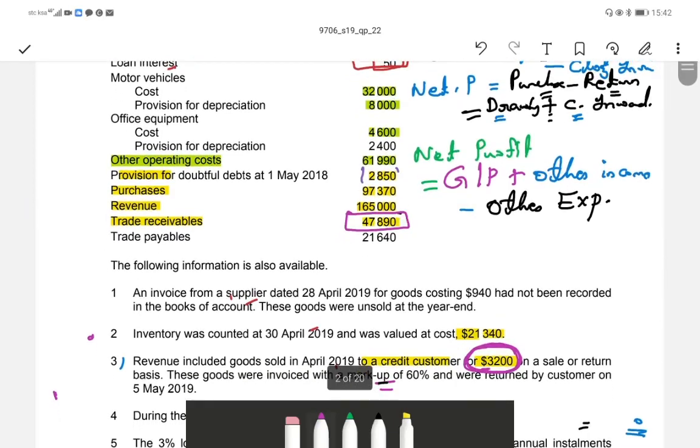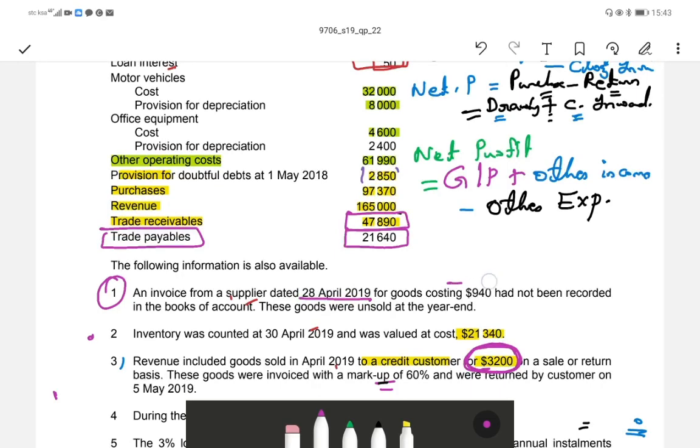Next we have trade payables. Trade payables 21,640, that is for our suppliers. But in adjustment 1, they said about a supplier dated 28 April 2019, goods costing 940 had not been recorded. So this also we have to add with the trade payables.